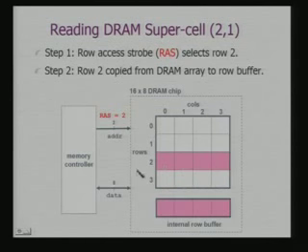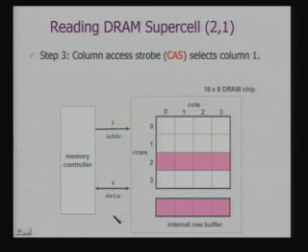Now the interesting thing is that the row as a whole gets copied. So in the buffer you have data about not only a single cell but multiple cells. Now I have to select a particular cell using the column address. So I shall activate the control signal which is the column access strobe. What is to be noted is that the address bus is being multiplexed between row address and column address.